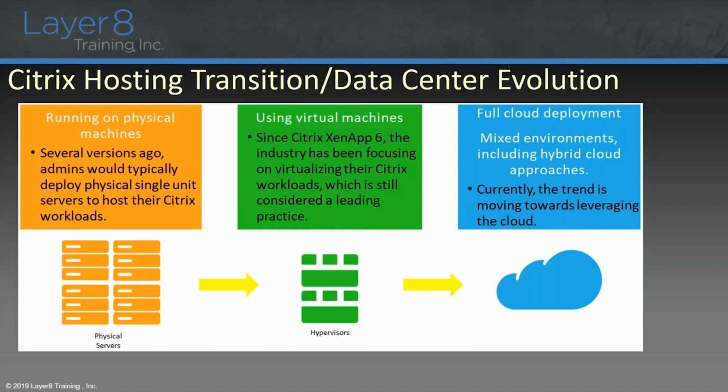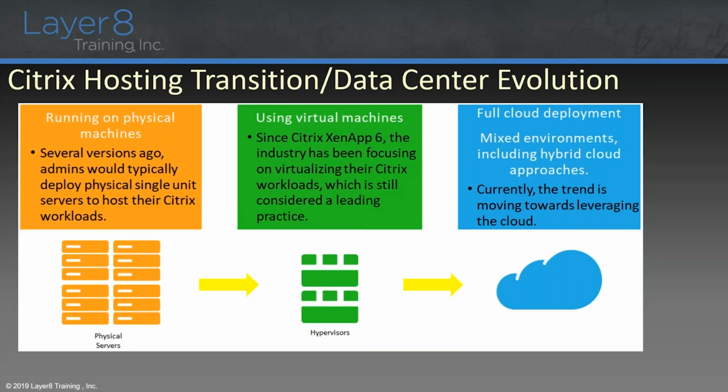So as an administrator, you would come into the environment, deploy your servers, install your XenApp 6.5 components on it, install your applications, and then your users would come in via Web Interface, and we're good to go. This then required you to ensure that your updates were done on each of the servers, et cetera.